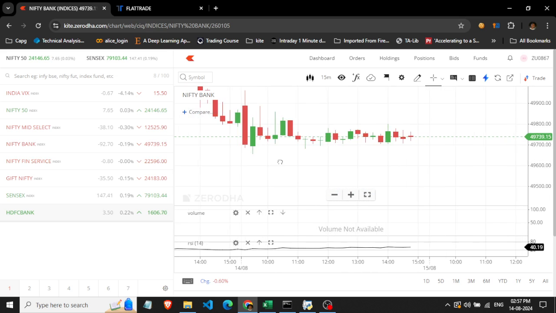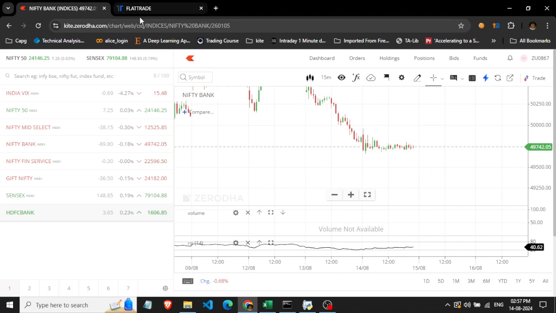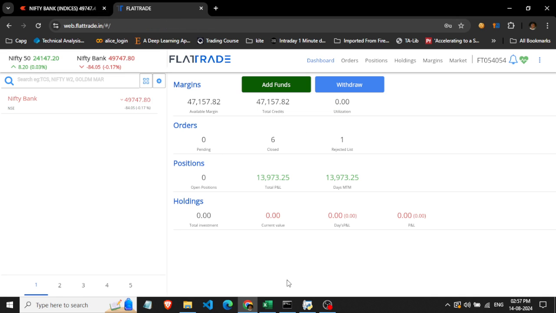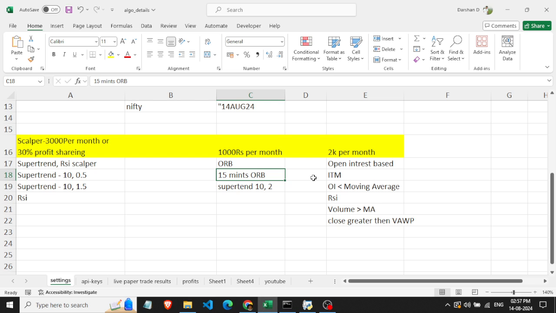So we will take the 15 minutes candle and take its high and low. If the next candle breaks out on the lower side or higher side, we will stick to that side. Currently, let me explain this.